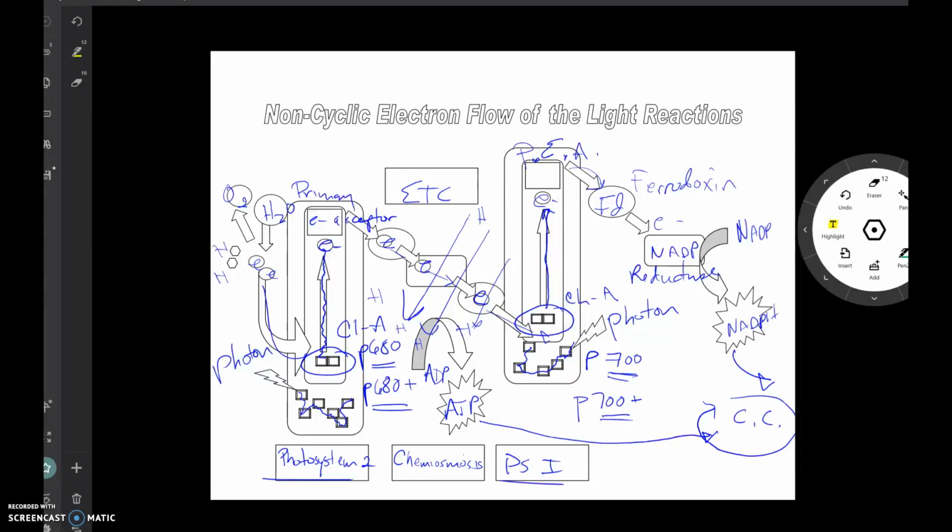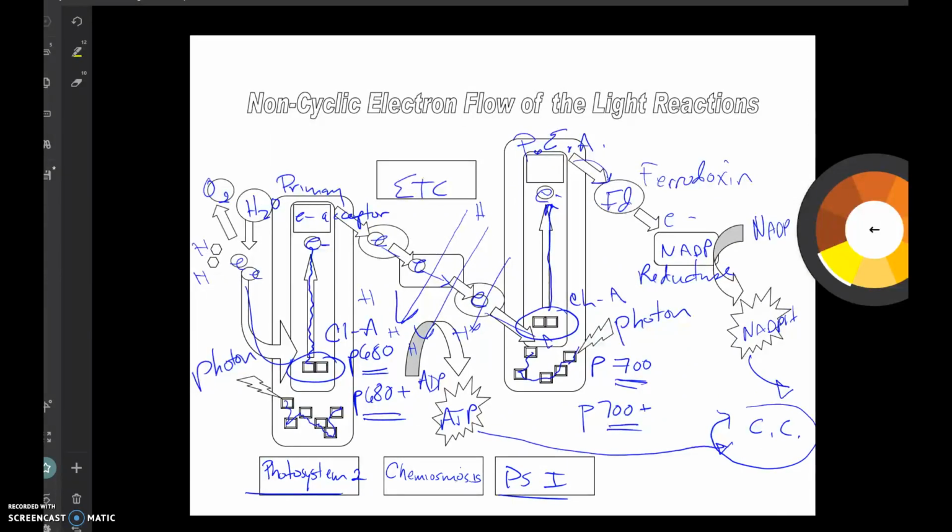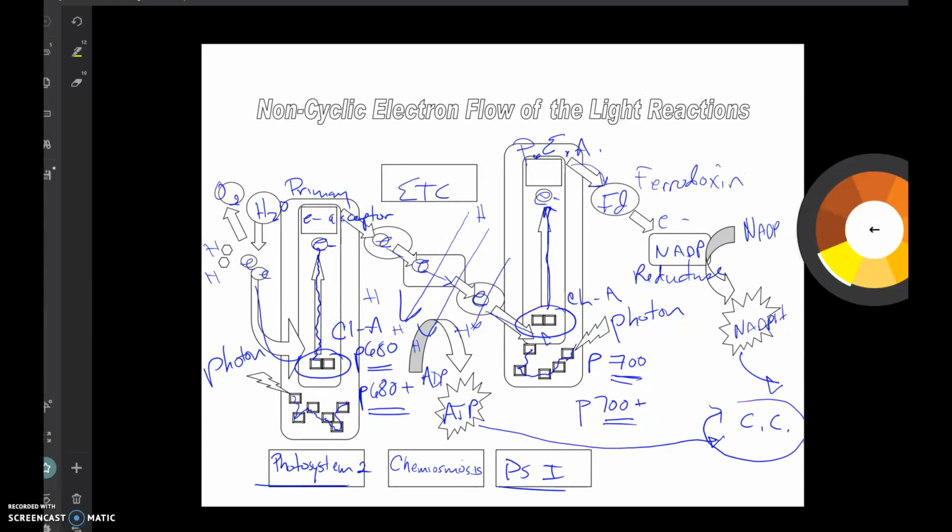So if we review this one last time, in our flow of electrons, we're going to start with the hydrogen and the electrons being donated from water.